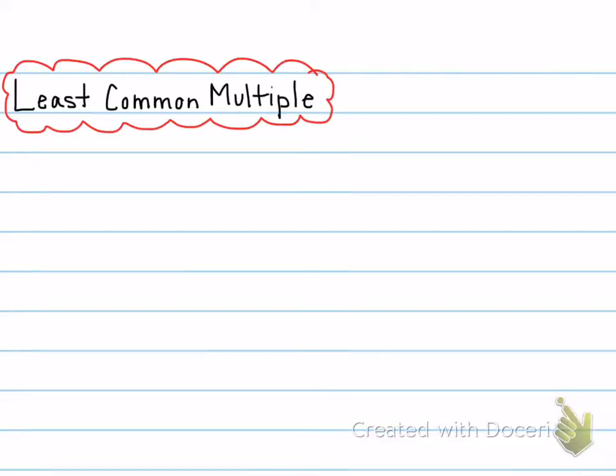Now we're going to look at least common multiple. Least common multiple, or LCM, is different. Factors go into numbers. Multiples are numbers that they go into. So we were talking about 6 before. The factors of 6 are 1 and 6 and 2 and 3.